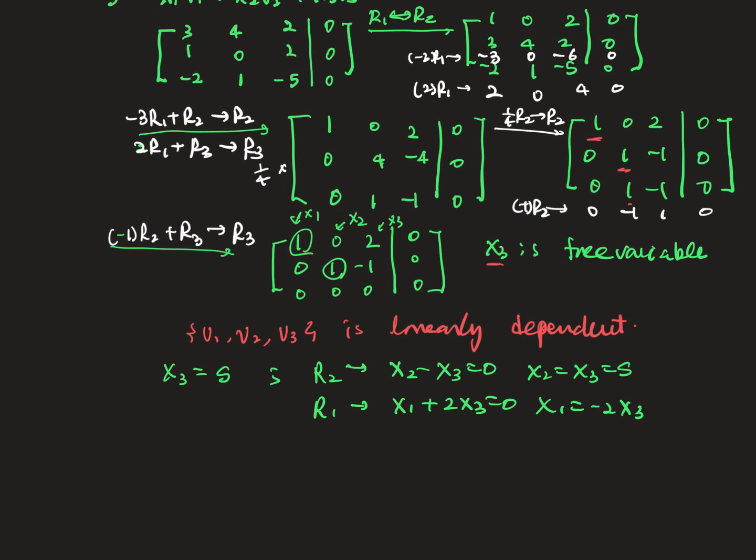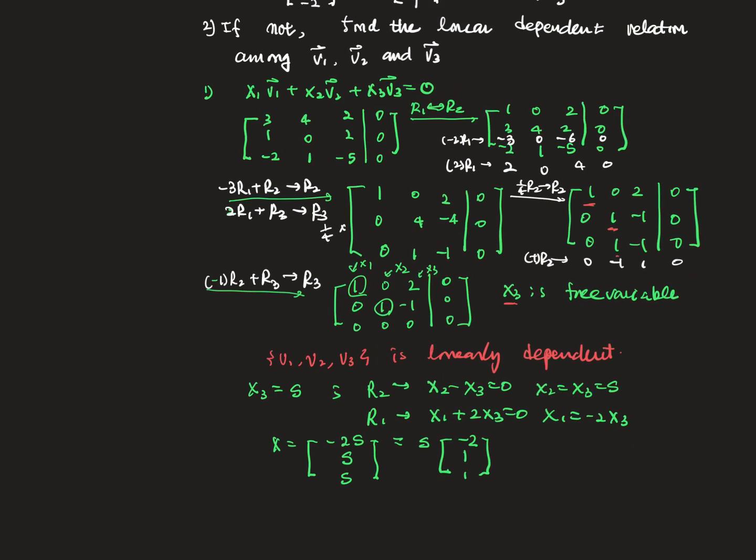So what do you have for the vector x? x1 is negative 2s, x2 is s, x3 is s. Can you see that? The common vector is x. You find the vector negative 2, 1, and 1, that's the form of x3.